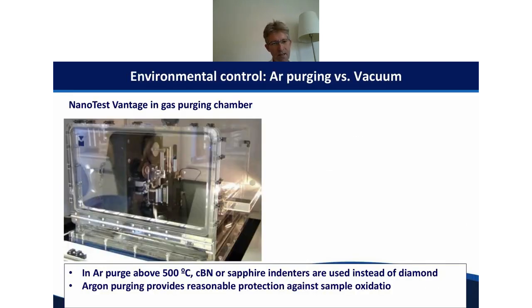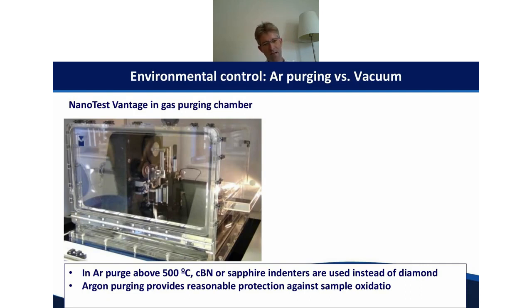So this is, as I showed you earlier, a NanoTest Vantage in a relatively typical gas purge chamber, and this is commonly used in conjunction with a CVN tip, typically if the test temperature is above about 450 to 500 degrees, and it provides reasonable mitigation of sample oxidation.